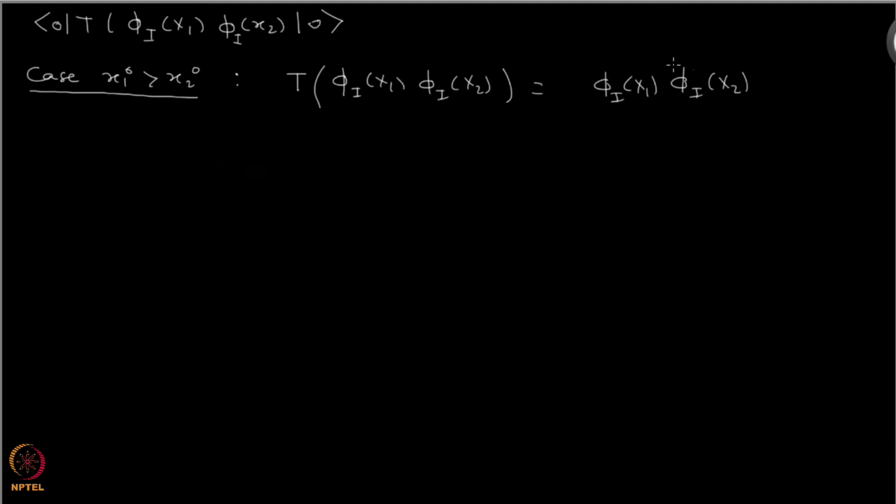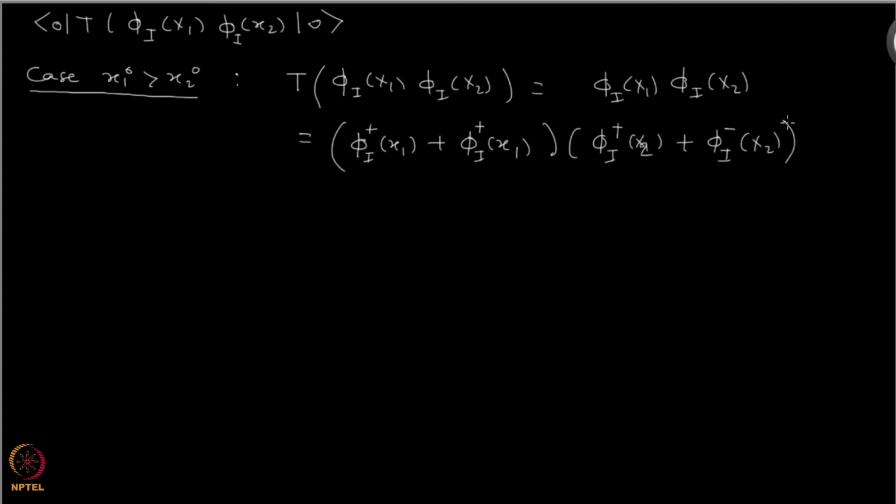Good, then I write this object using phi I plus and phi I minus. Sorry, this is 2. So now I'll just multiply these. Remember, these are operators, so I cannot change the order. So if I multiply, I get the following.